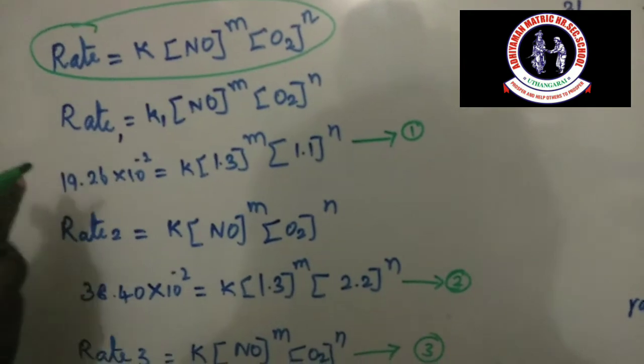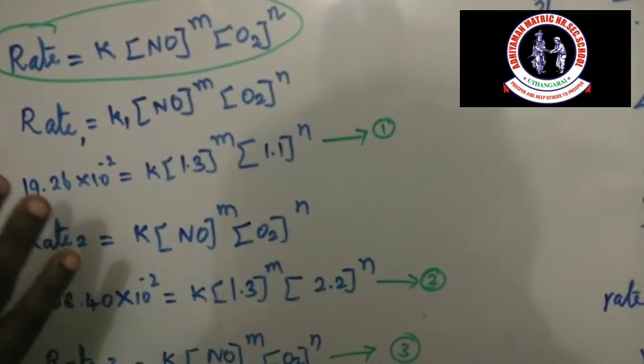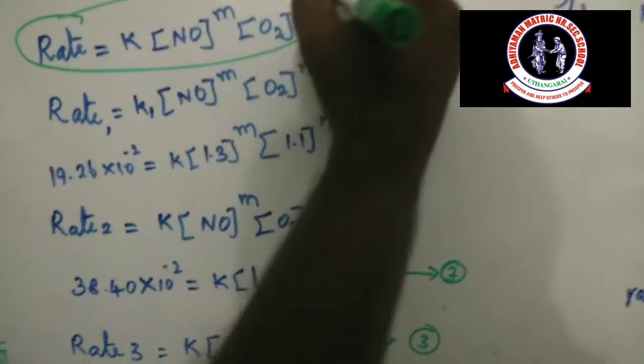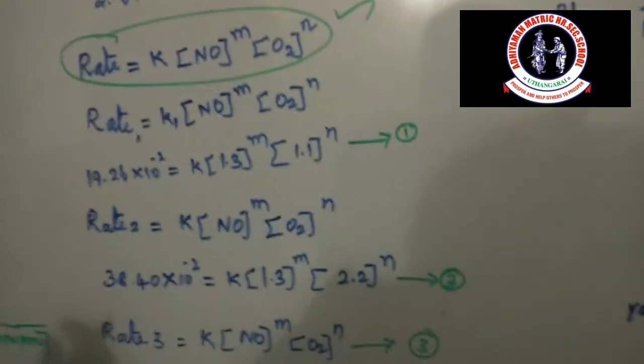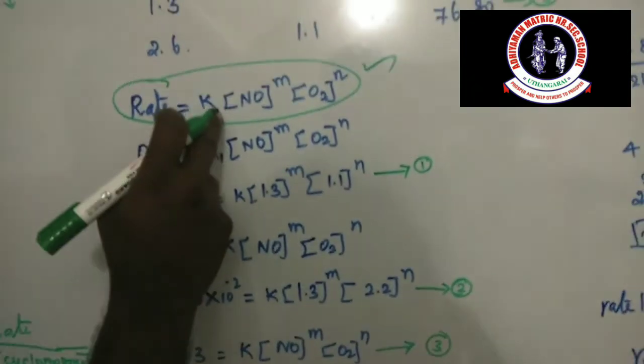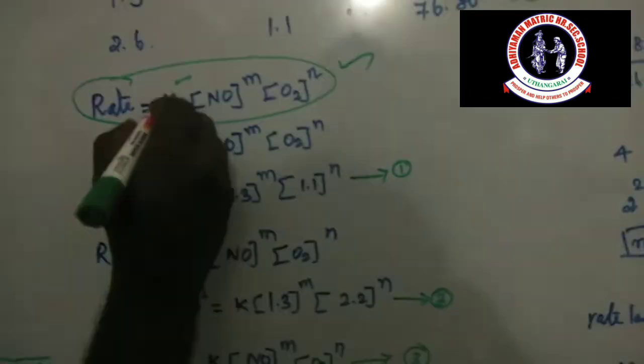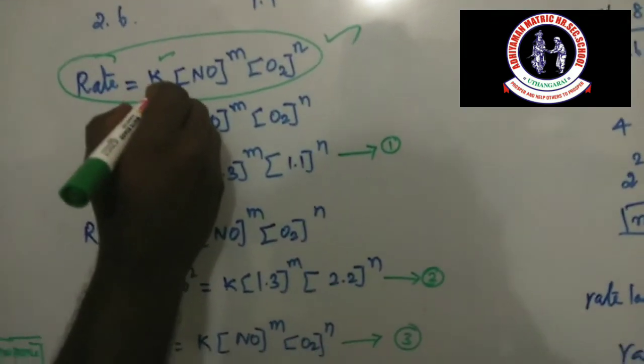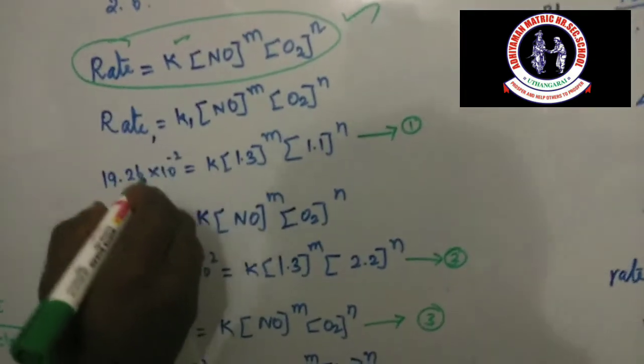First of all, for the order of reaction, we should first write the rate equation. Rate equation means what? Rate is equal to the product of rate constant and concentration of reactants.